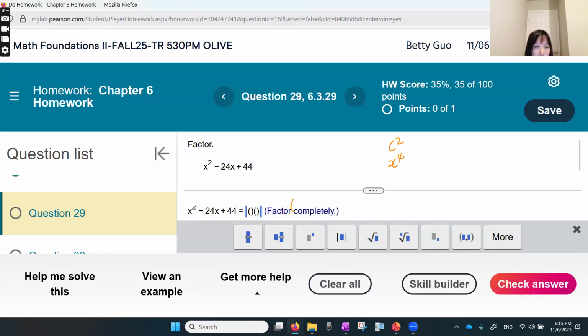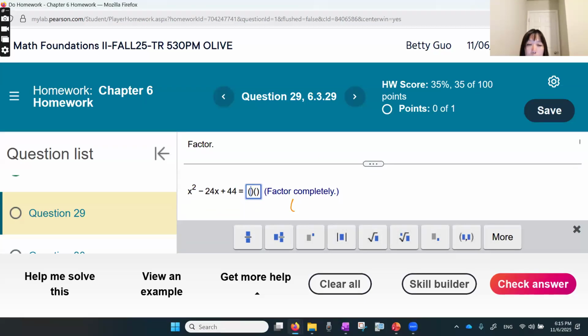Let me erase this very well. So they multiply to positive 44 and add up to negative 24. So both of them are negative, right?